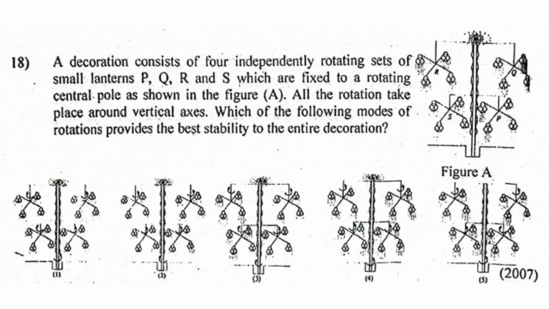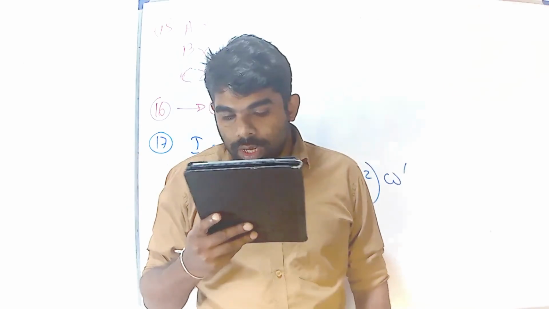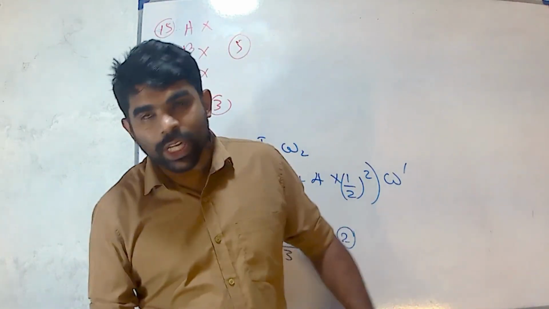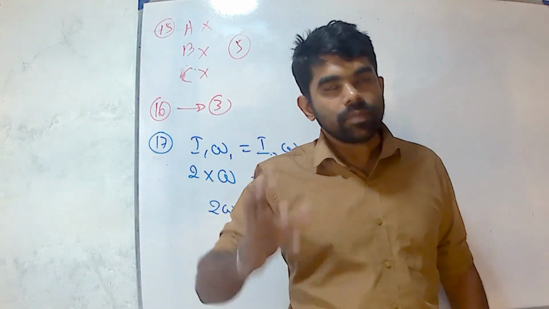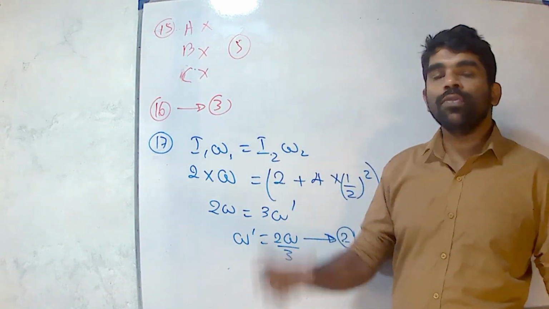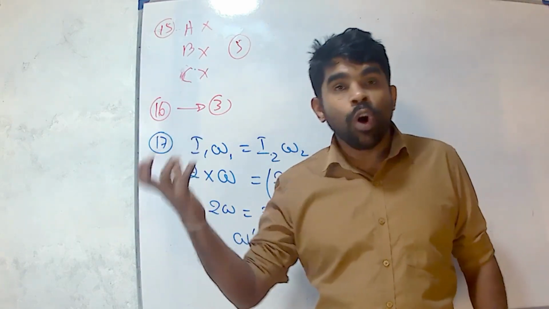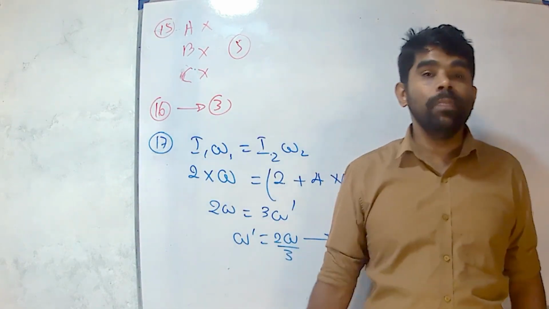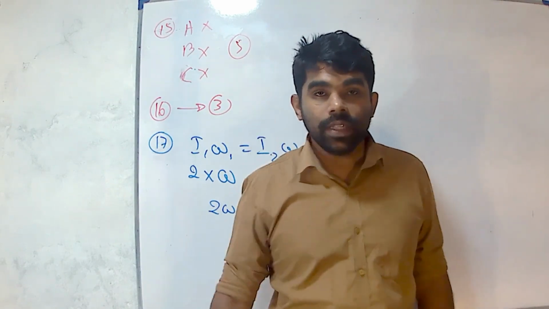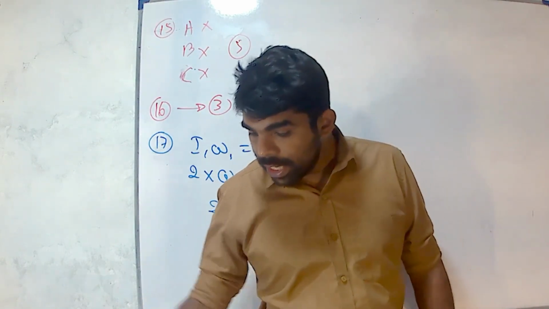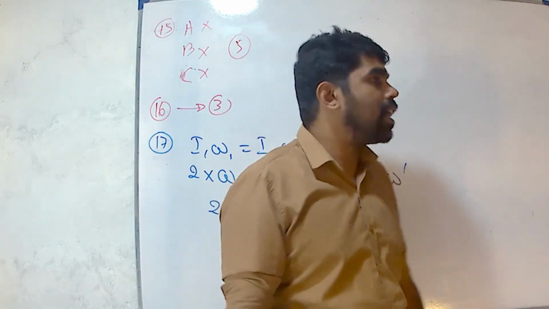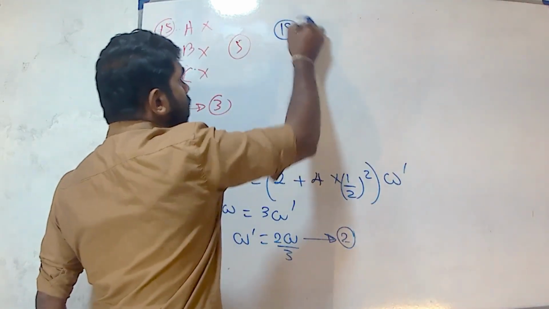Which of the following modes of rotation provides the best stability of the entire decoration? When considering the stability of a rotating system, the angular momentum should be a greater value. Therefore, all lanterns and the middle axis should rotate in the same direction. Then we can get 4 is the correct answer for question number 18.